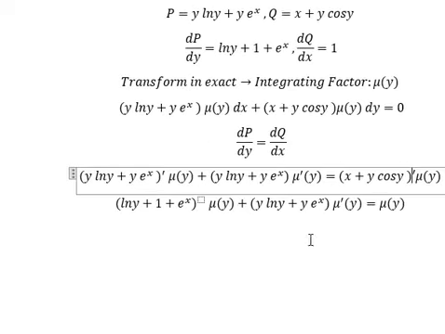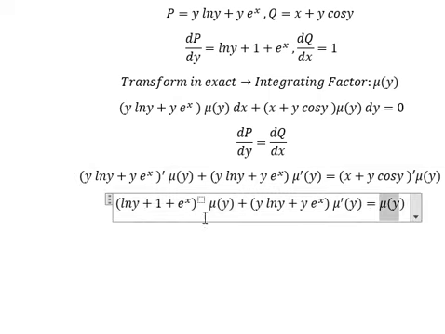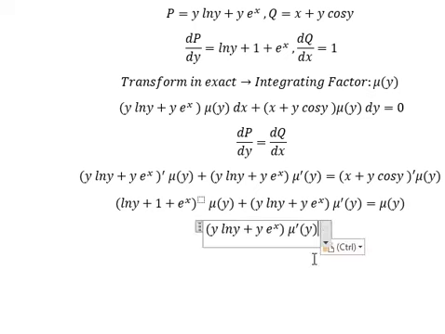So if we have this one minus this one, because number 1 multiplied by mu y and another number 1 in here, we can cancel. So we just have like this.